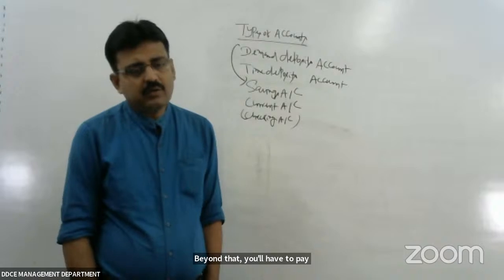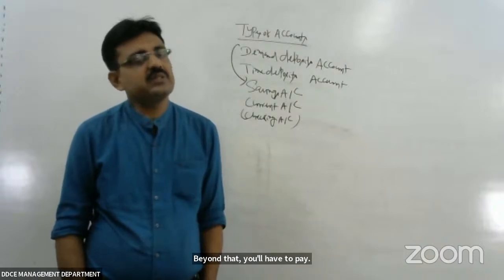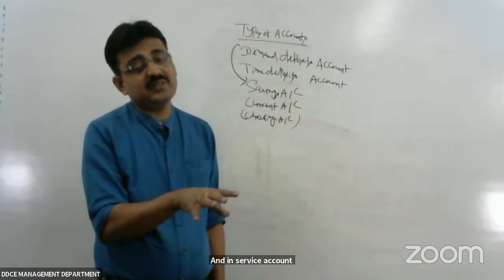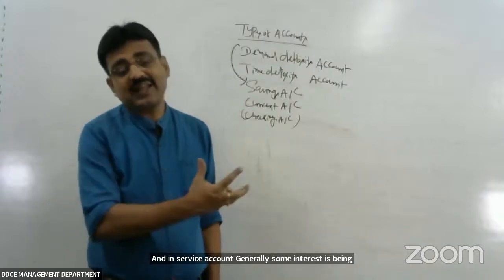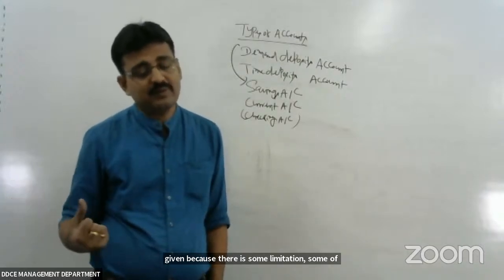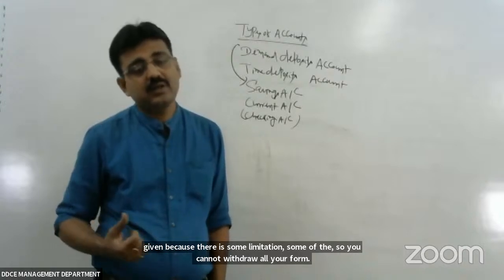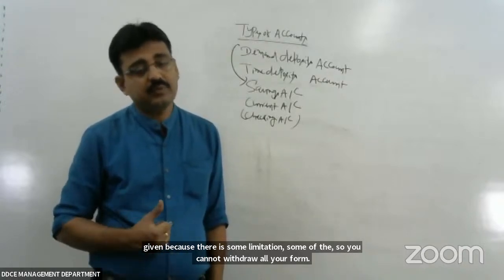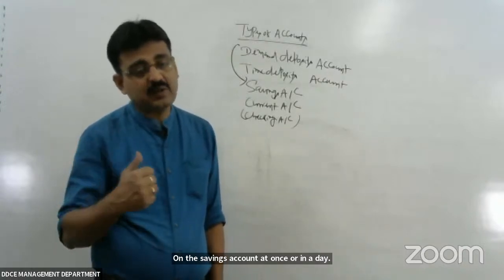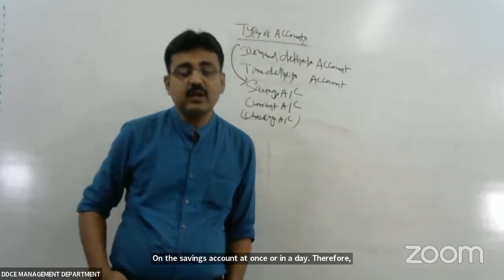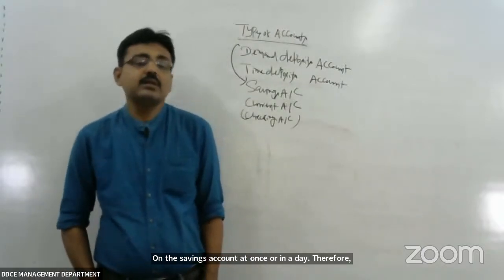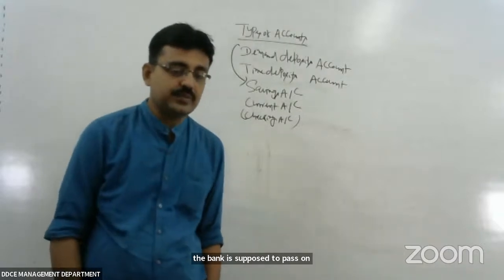And in a savings account, generally some interest is given because there are limitations on the withdrawal of funds. So you cannot withdraw all your funds from the savings account at once or in a day. Therefore, the bank is supposed to pay some return on it, and the return is basically in the form of interest.